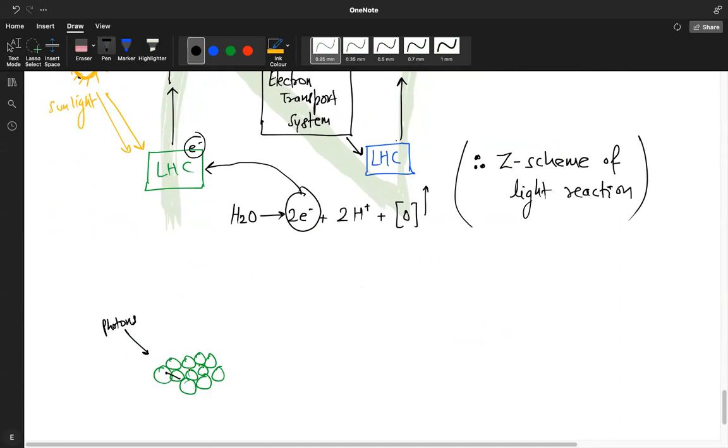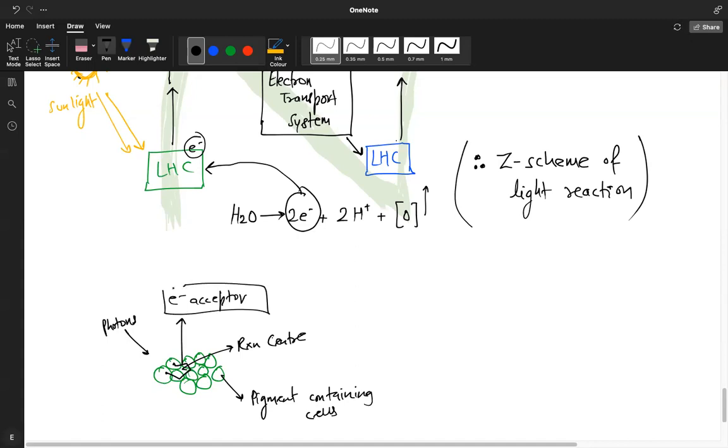This energy is absorbed by these cells, and this is called the reaction center, where the reaction that we studied above happens. And these are pigment containing cells. They contain chlorophyll A, let's say, and then they will excite an electron which will go to an electron acceptor.